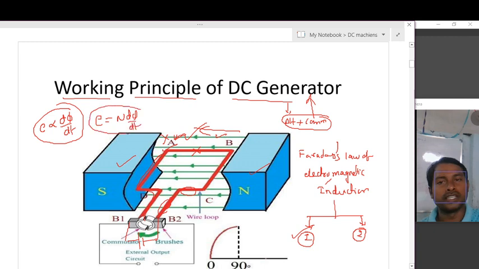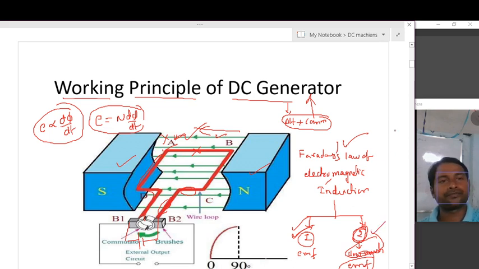The first law explains how the EMF induces across the conductor, and the second law explains how much EMF induces, and what are the factors affecting it. He clearly explained this.